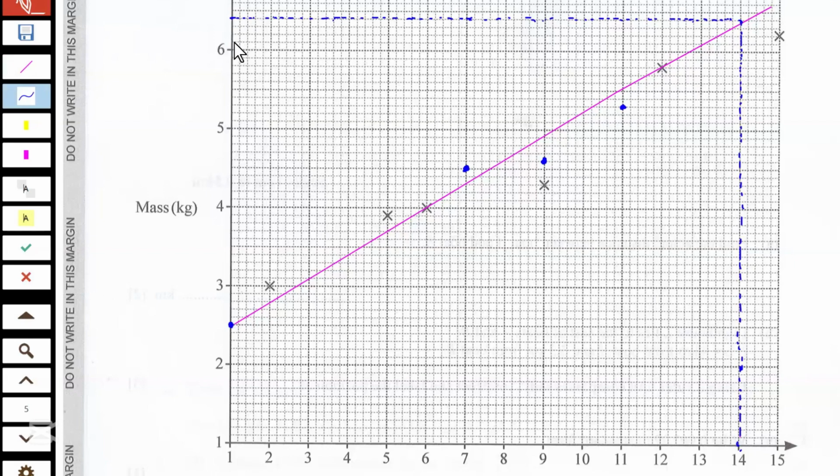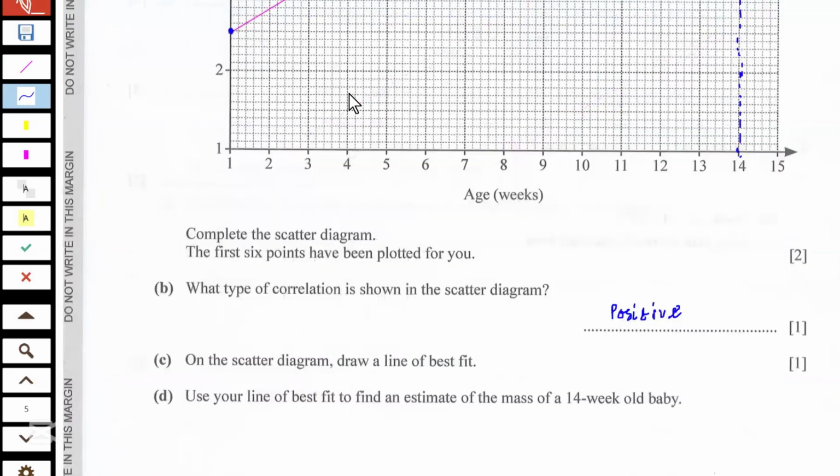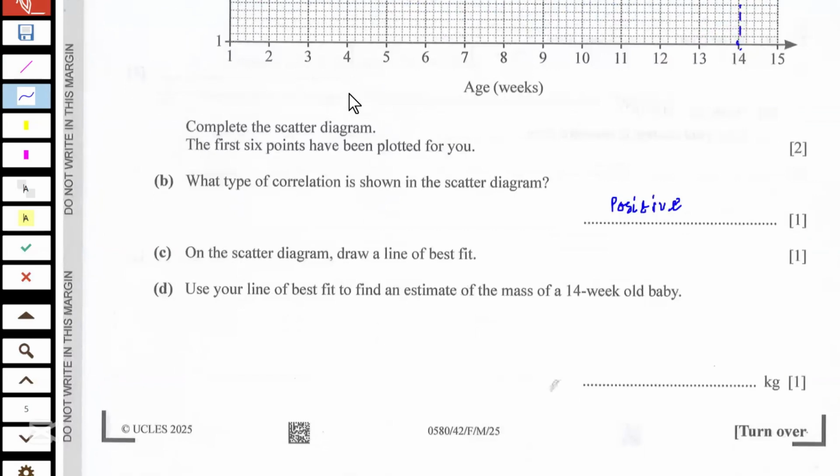Here it's going to be 6.1, 6.2, 6.3, 6.4. So the answer to question D is 6.4. So use the line of best fit to find an estimate of the mass of a 14-week-old baby. The answer to this is 6.4 kilograms.